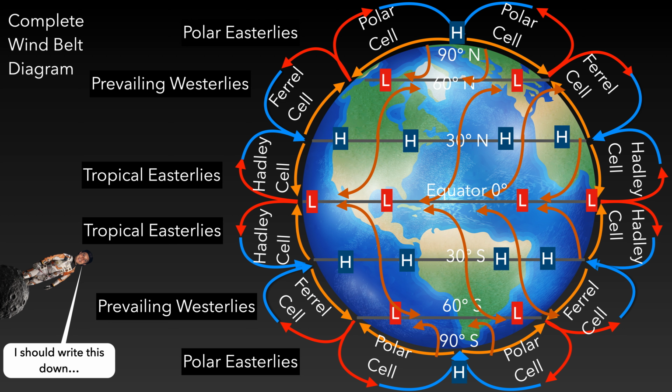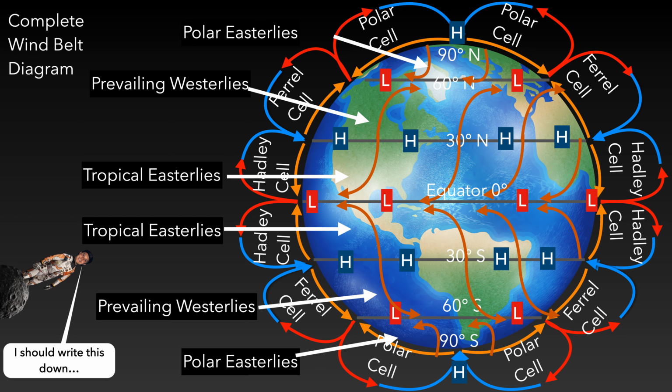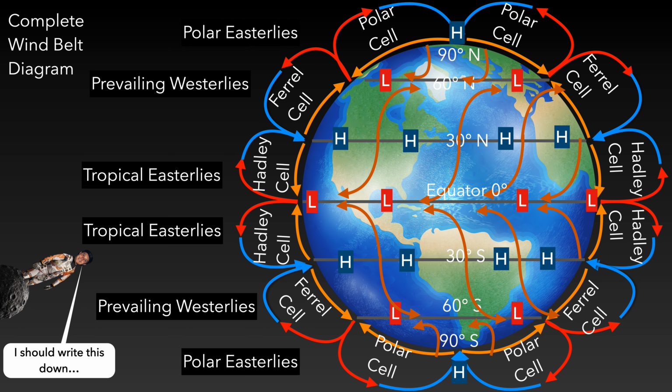The last thing to remember is that each of these belts has a name. They are named after which direction those winds are coming from, so any of them that have an easterly name are winds coming from the east. Ones that have a westerly name are coming from the west.